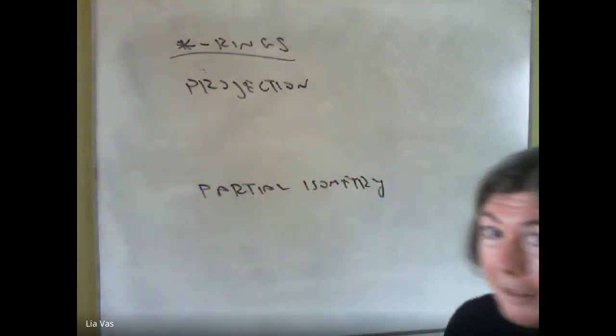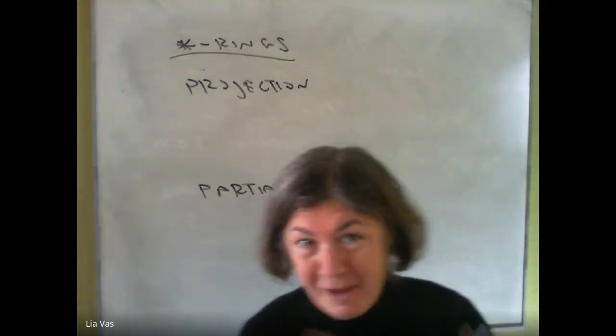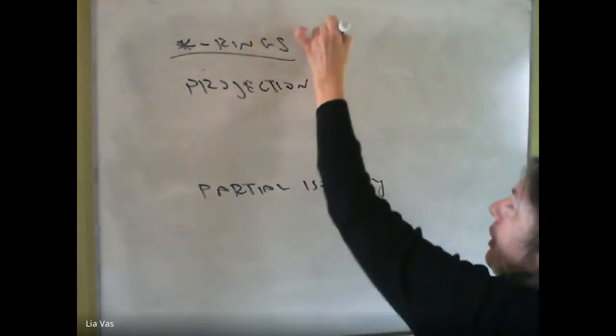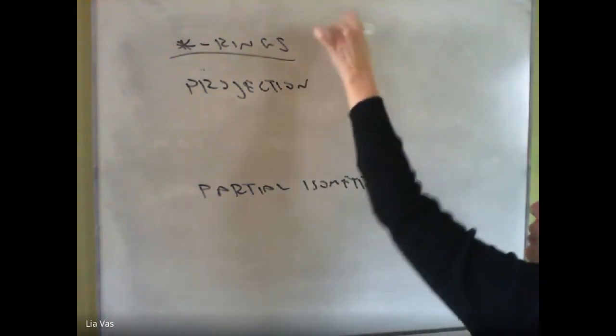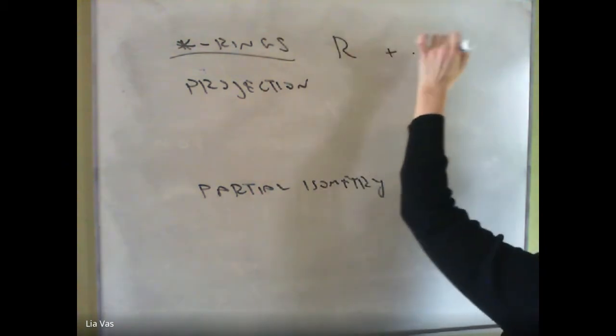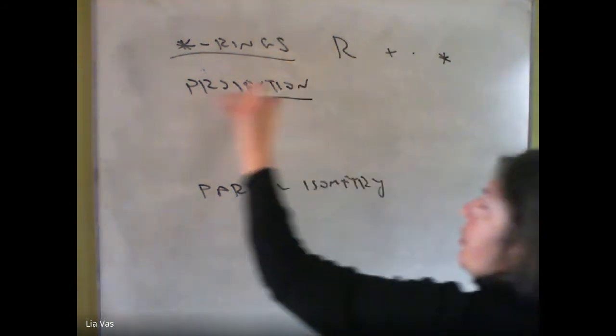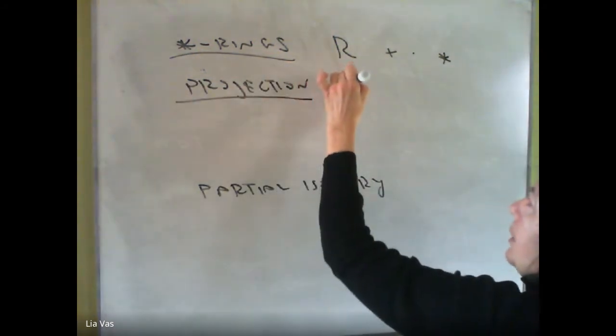And after that, I promise axioms are coming very, very soon. So what is a projection? I have a star ring R. R has good old plus and times, and now it has this operation star. So a projection is an idempotent.